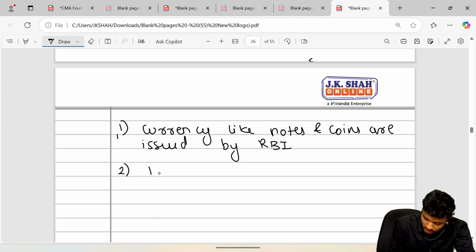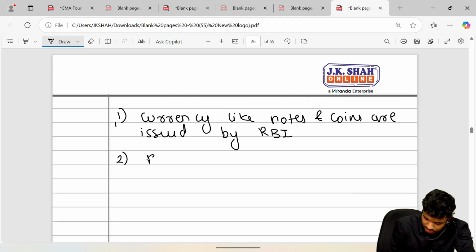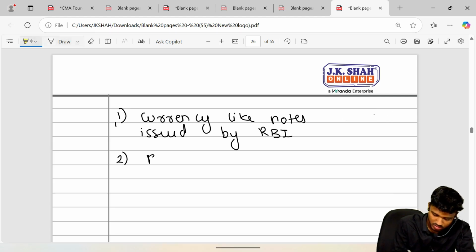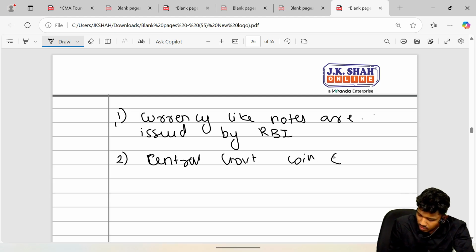But the 1 rupee note, yeah, the central government has the authority to issue coins and the 1 rupee note.